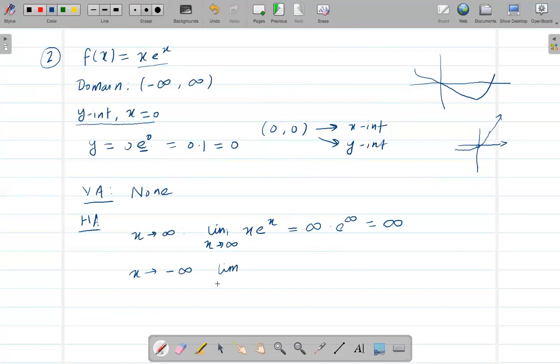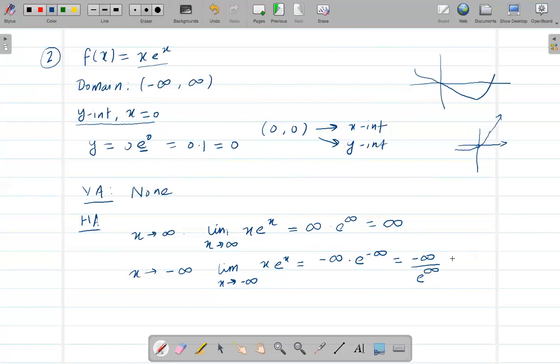Then I can write this in limit style: the limit as x goes to negative infinity of x times e to the power x. When x goes to negative infinity, it will be negative infinity times e to the power negative infinity, which is the same as negative infinity over, since there is a negative here, I can move this to the bottom, e to the power positive infinity.